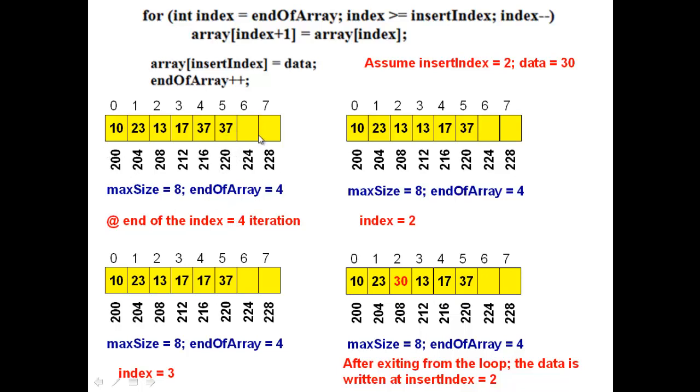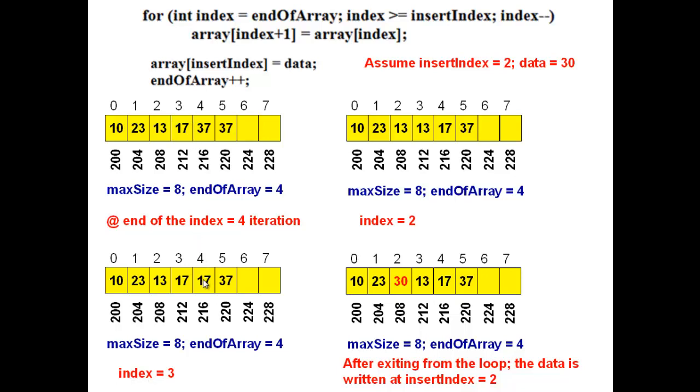Now index is 3, I get inside the loop and say array of index plus 1, which is going to be 4, equals array of index, which is 3. So I'm copying the value at index 3 to index 4. So this 37 at index 4 is going to be overwritten with the value at index 3, which is 17.